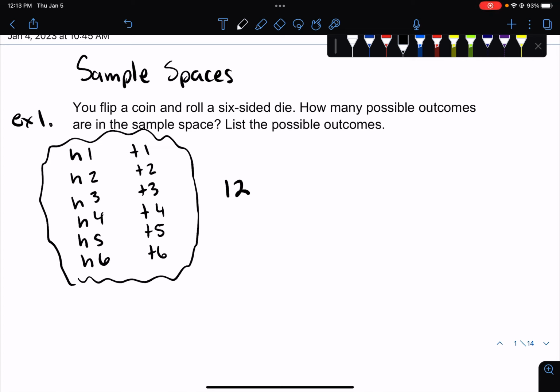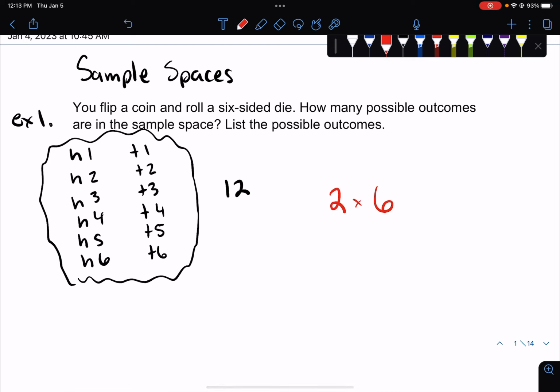And in 7th grade, you learned a shortcut. Instead of having to make this list, if all you care about is how many of them there are, you used the fundamental counting principle, which said, how many options do you get when you flip a coin? Well, I can either get heads or tails, so there are 2 results from flipping a coin. When I roll a 6-sided die, I could get a 1, 2, 3, 4, 5, or 6. So my first event has 2 options, and my second event has 6 options.